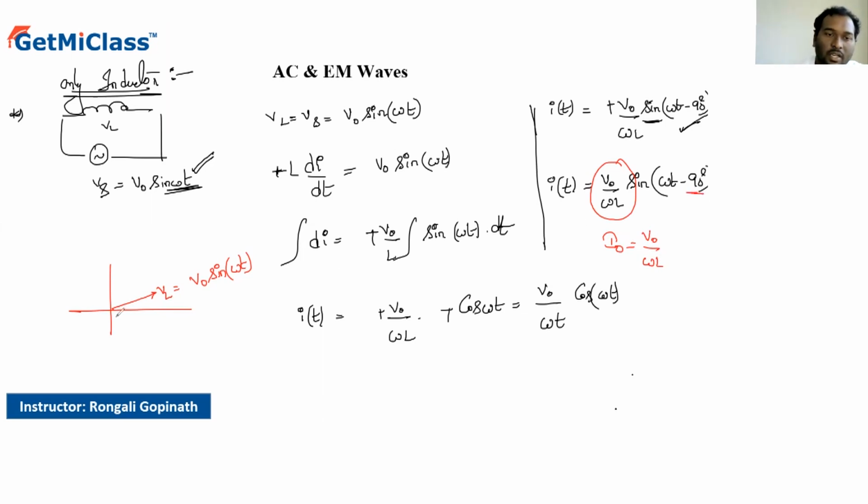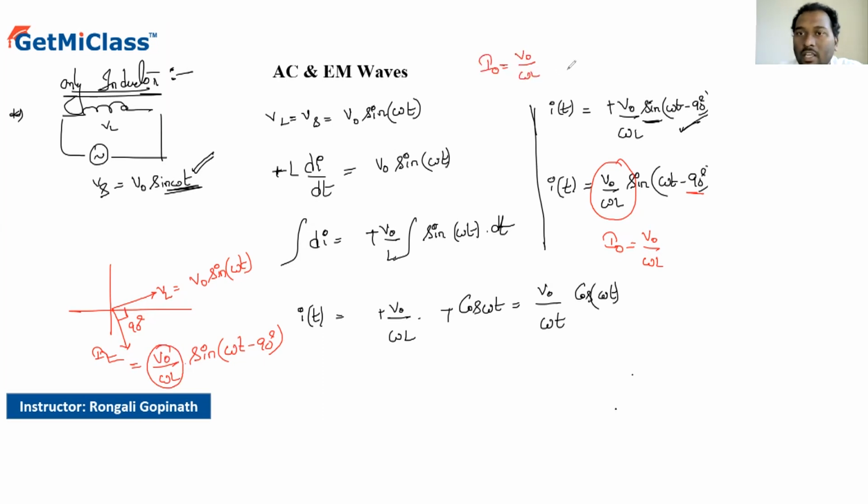Since it is minus 90, the current is behind the voltage by 90 degrees, and I_L is equal to V naught by omega L sine of omega t minus 90 degrees. Now, when you look at this carefully, I naught is equal to V naught by omega L.